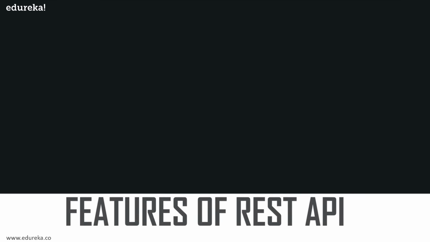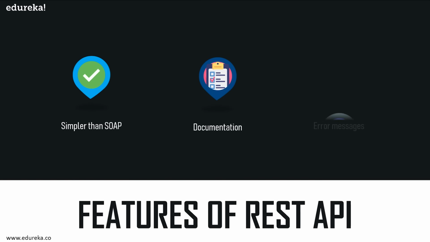So the features of REST API are, as you can see on my screen, it's simpler than SOAP. It has proper documentation, and it gives you proper logging of error messages. Before REST came into the picture, what we had was SOAP. After REST API took over the world, you can use REST API in a much easier way than SOAP.